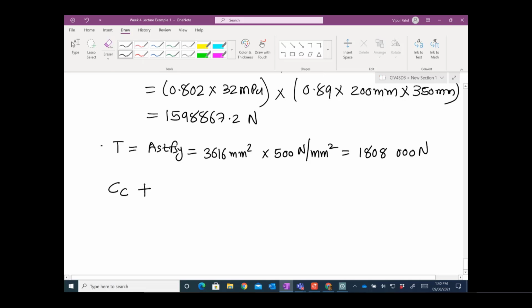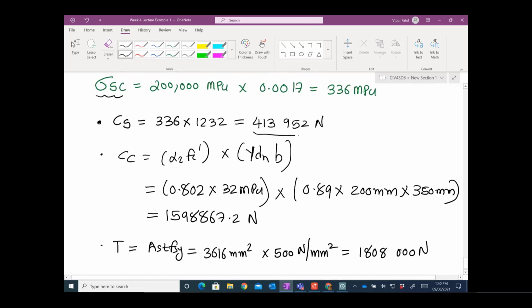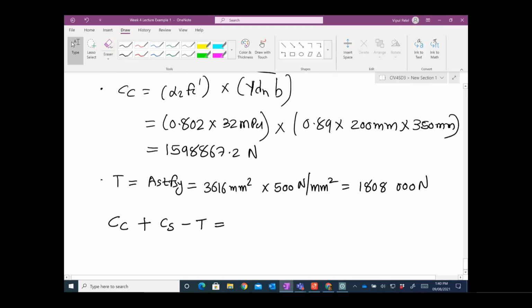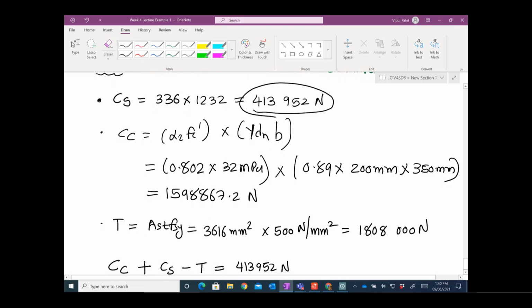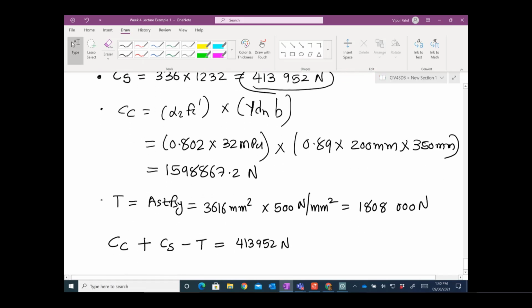Now let's check whether the equilibrium is going to happen. Let's say Cc plus Cs minus T equals how much? So we have 413,952 newtons. That is the compression force in the steel, Cs.